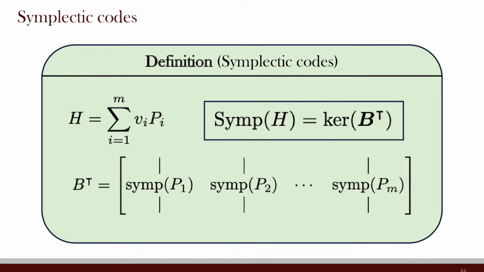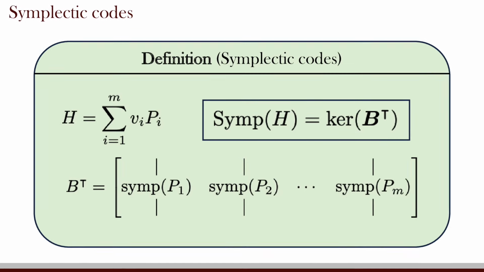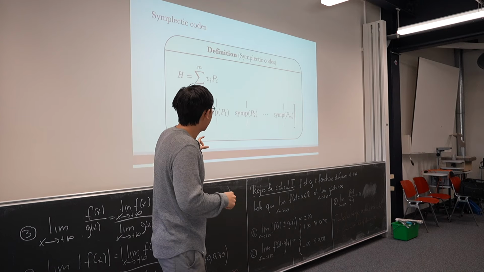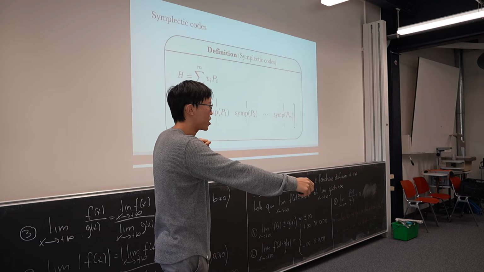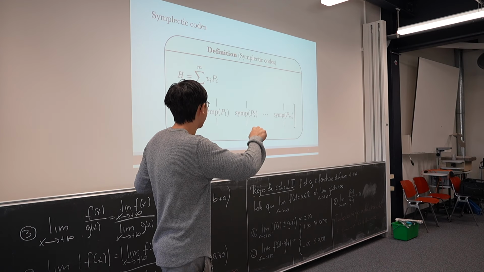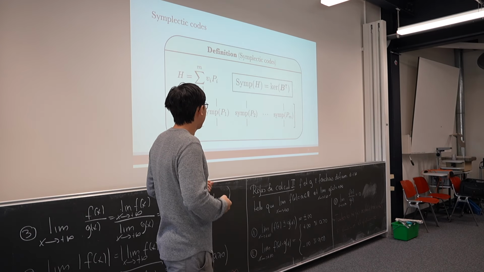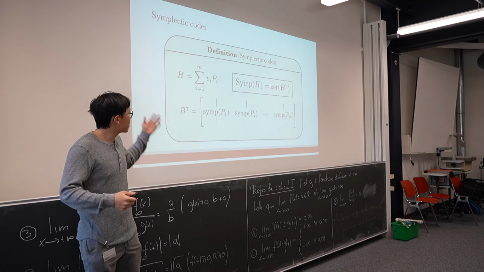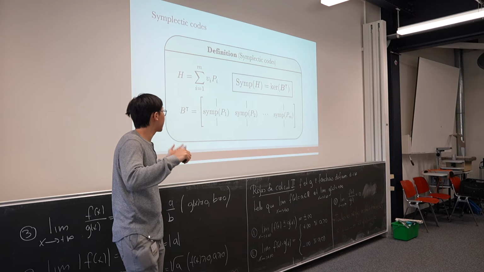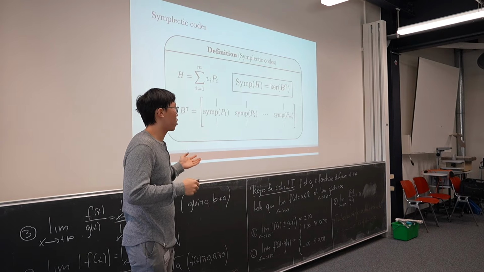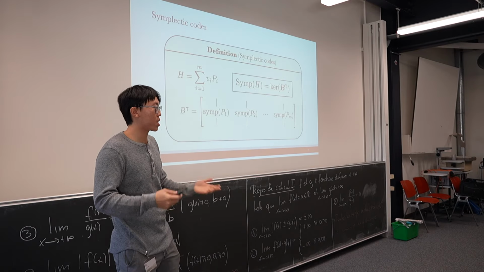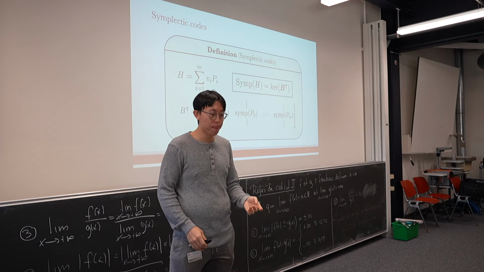I'm going to arrange them together as columns of a matrix, and I'm going to call that B transpose. So this thing is a 2n by n matrix because there are n terms in my Pauli. And going in line with what I said previously about how we define codes, we will define the symplectic code of the Hamiltonian H to just be the kernel of this matrix we've written down, B transpose. In other words, B transpose is the correct parity check matrix we're going to work with.